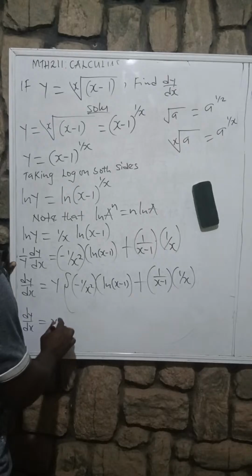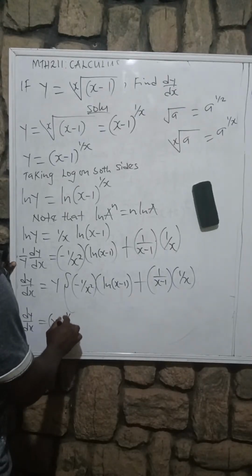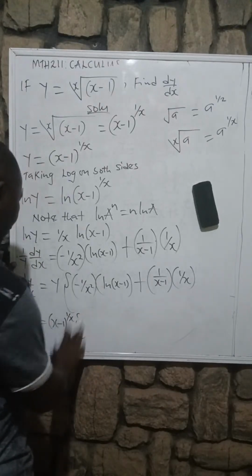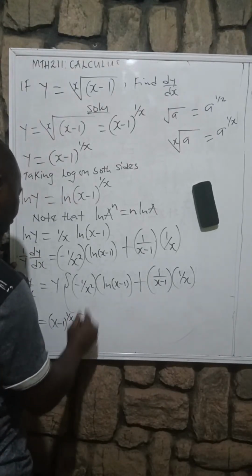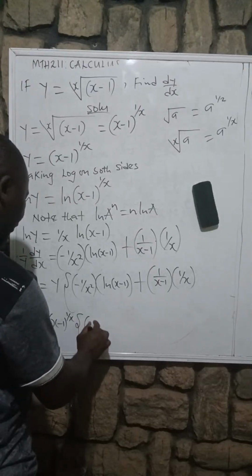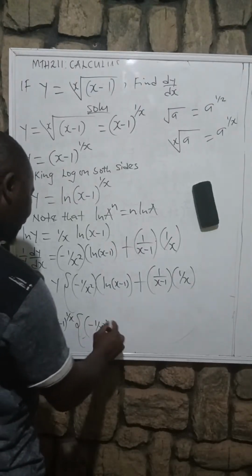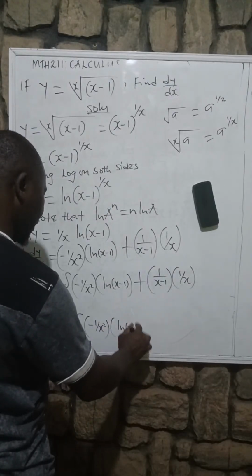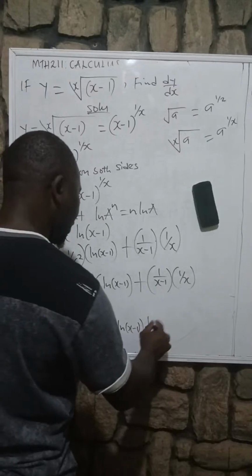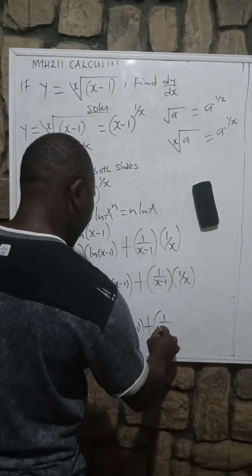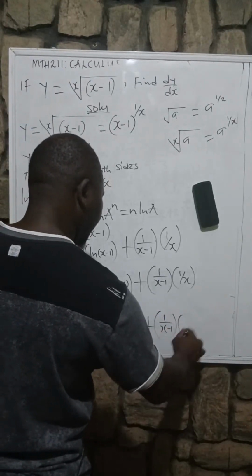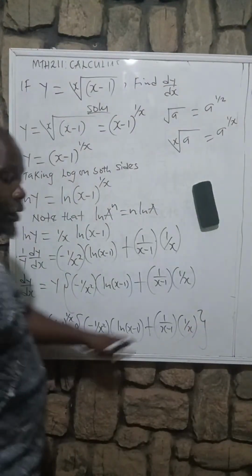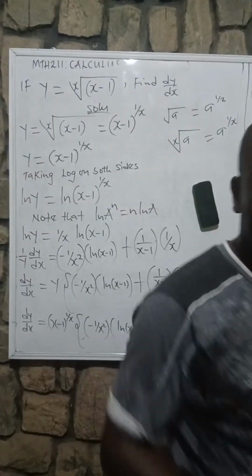So (x minus 1) raised to the power of 1 all over x, times (minus 1 all over x squared times ln of (x minus 1) plus 1 all over x minus 1 times 1 all over x). This is the final answer.